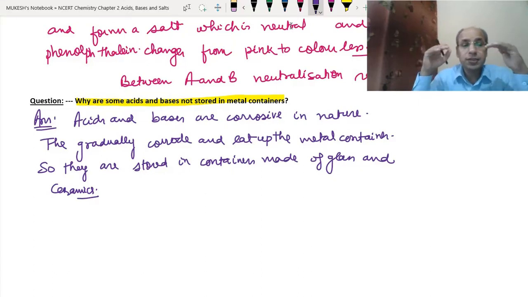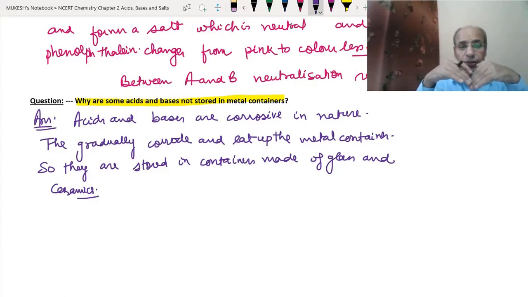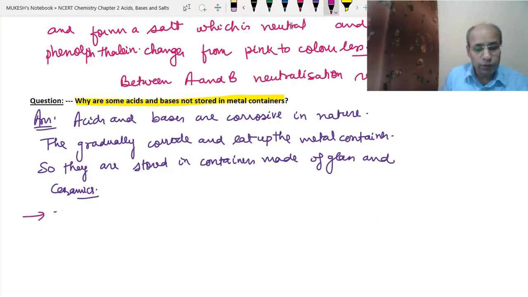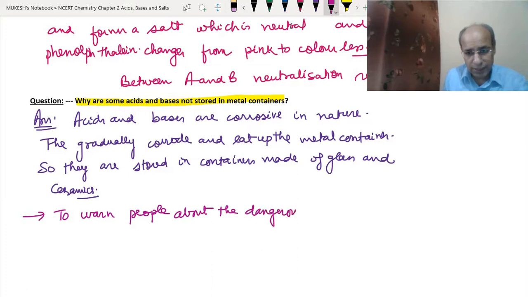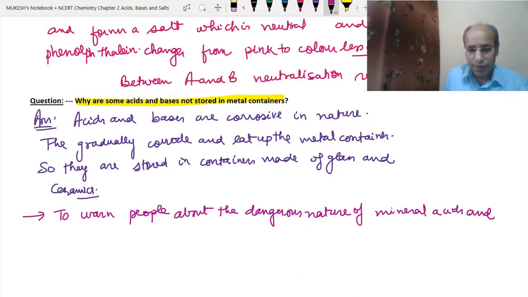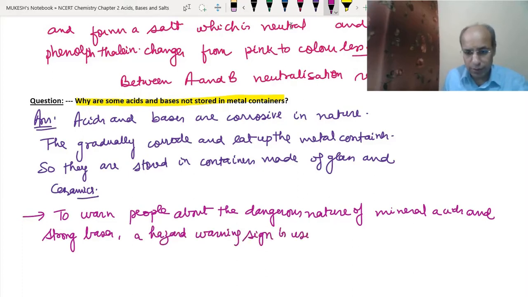Since acids and bases are harmful, and some are really more harmful, a warning sign is given so that people do not touch them. To warn people about the dangerous nature of mineral acids and strong bases, a hazard warning sign is usually printed on their container.